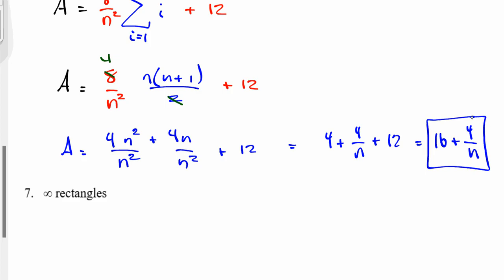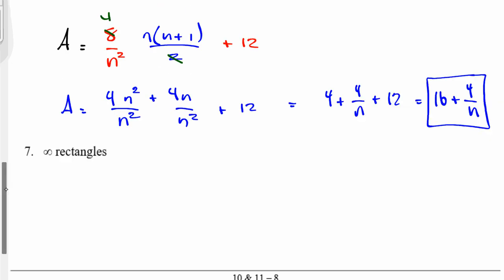So suppose our n value was 2. What would our sum be? 18. That's the first question we did with 2 rectangles. Then we did 4 rectangles. 4 over 4, 1. 16 plus 1, 17. That was the 4 rectangles. 8. 4 over 8, a half, 16 and a half.